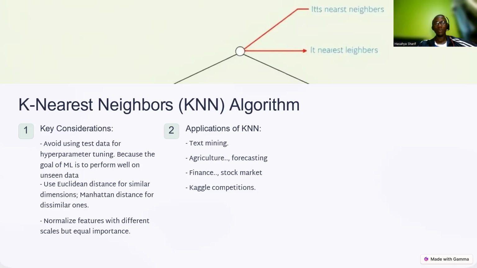There we shall be using Euclidean distance. Then where we are having age, weight, where the dimensions are dissimilar, we shall be using the Manhattan distance. Then we normalize the features with different scales but equal importance. Some of the key applications, we have text mining, we do have agriculture, finance, and also in the Kaggle competitions.